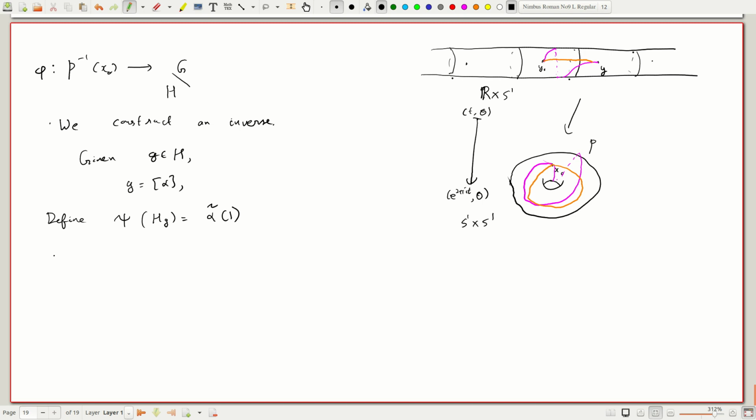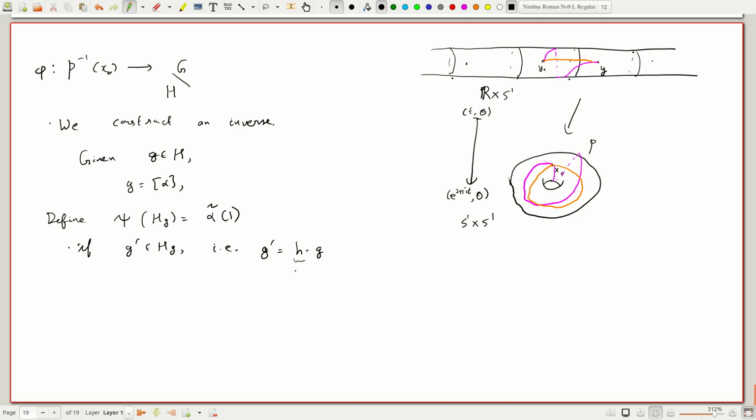Now if g prime is also in Hg, that is, g prime is equal to some h times g, then we can pick a representative of g prime. By the way, we know the endpoint doesn't depend on choice of representatives, so I'll just assume we chose this.